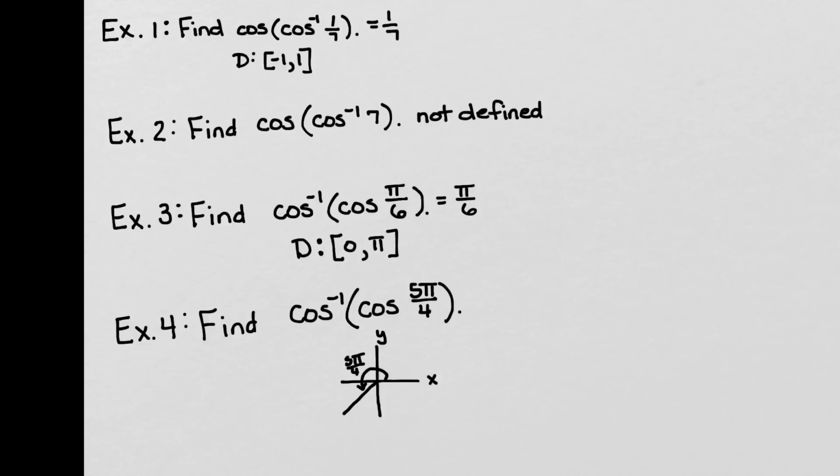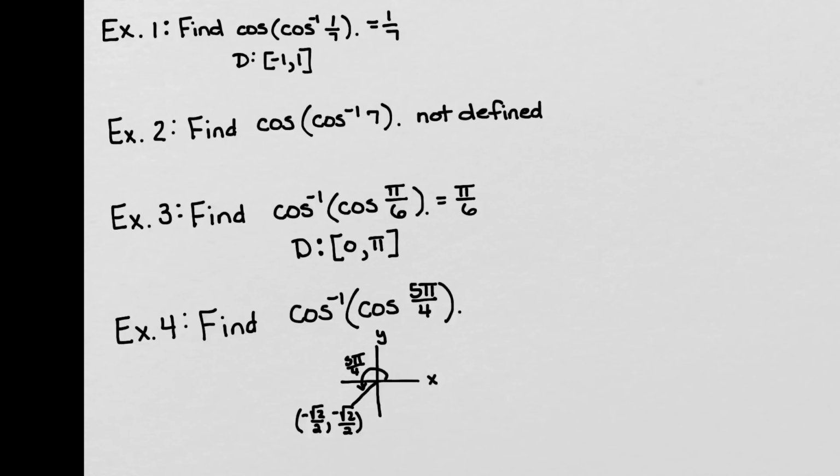I know that the cosine is negative within quadrant 3. So here we have a negative cosine value, and I know that the point here is negative square root of 2 over 2, and the y value is also negative square root of 2 over 2.